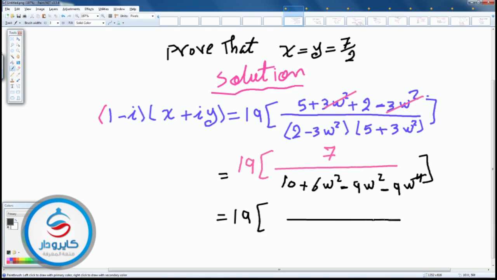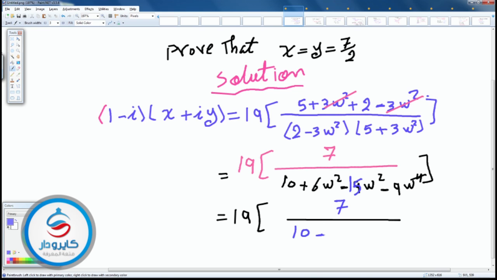Let's simplify the denominator. We have 7 and we have 10, and this is 6 and this is 15.